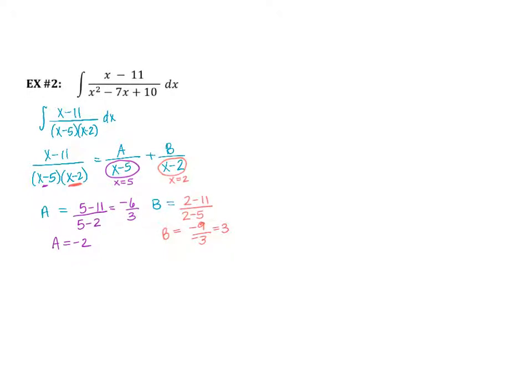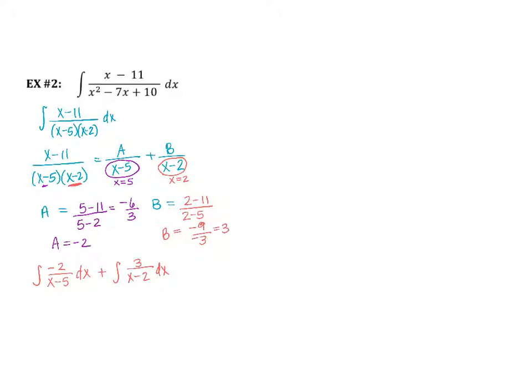And now let's go do our integral. We have everything we need to go ahead and finish the problem. So we're going to rewrite this as the integral of negative 2 over x minus 5 dx, plus the integral of 3 over x minus 2 dx.